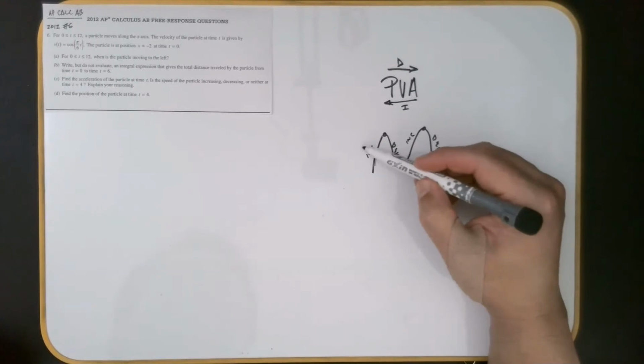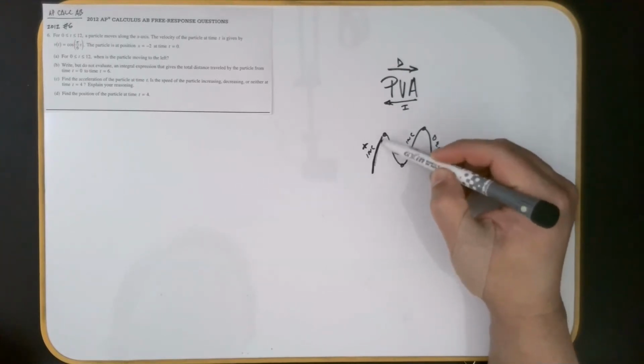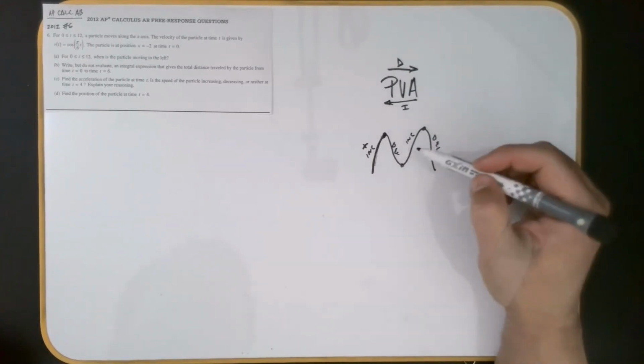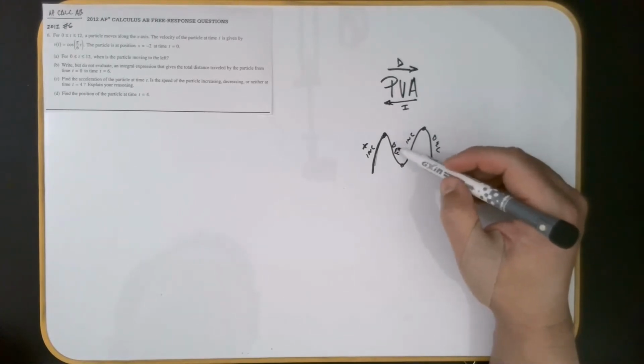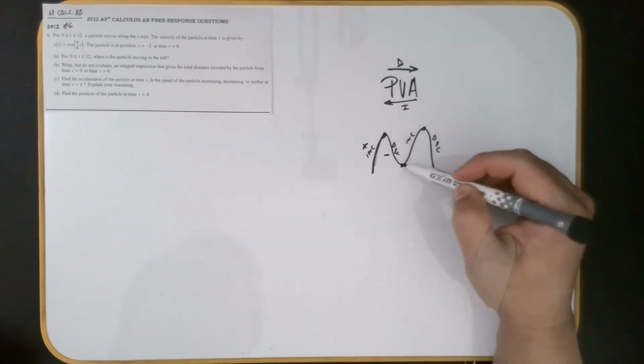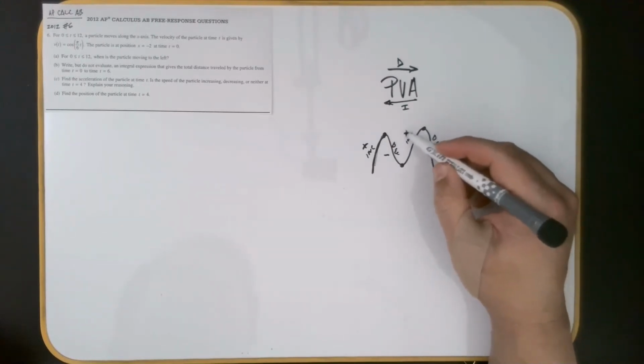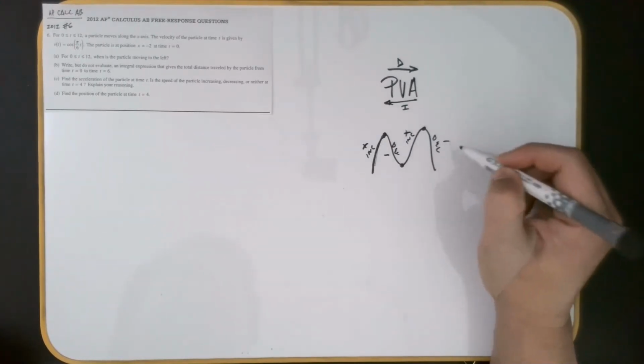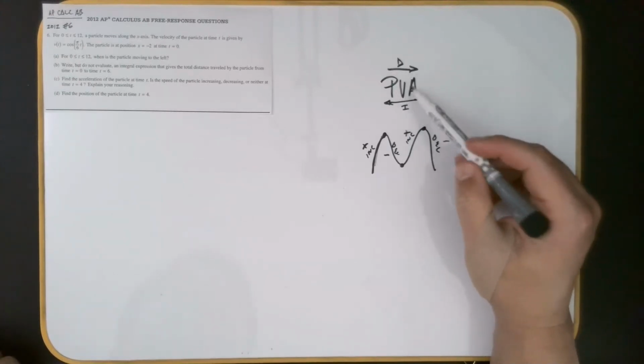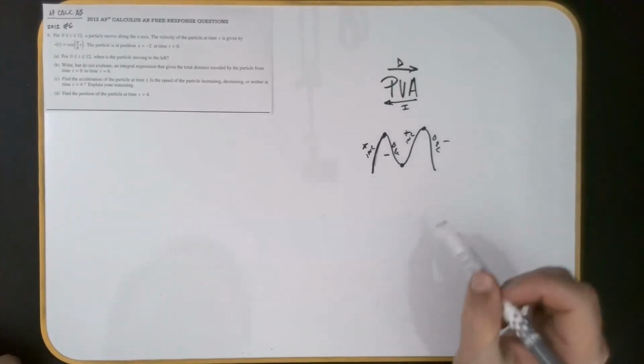So when our velocity is positive, that tells us our function's increasing to the critical number. And if the velocity is negative, then we'd be decreasing into another critical number. Positive increasing to a critical number, negative decreasing. So we look at velocity to tell us about position increasing and decreasing.